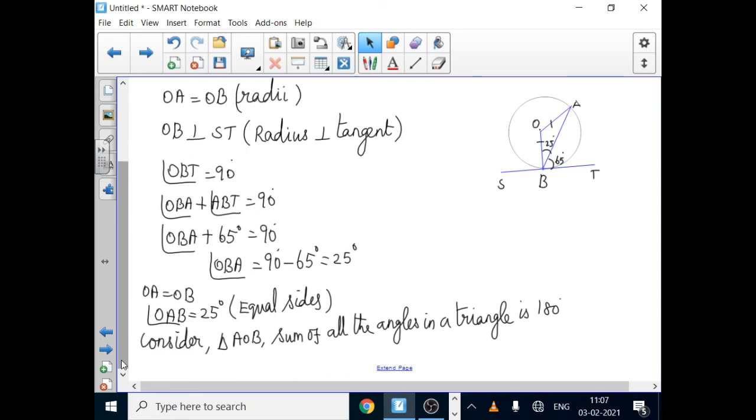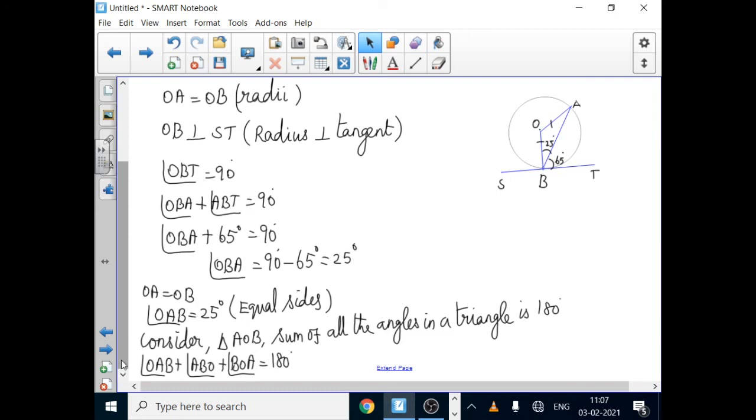So angle OAB plus angle ABO plus angle BOA is equal to 180 degree. And the angles we know, so substitute.